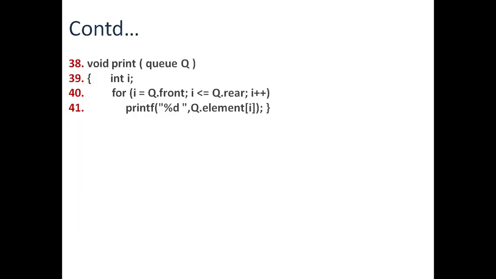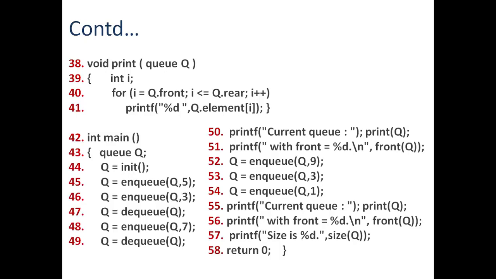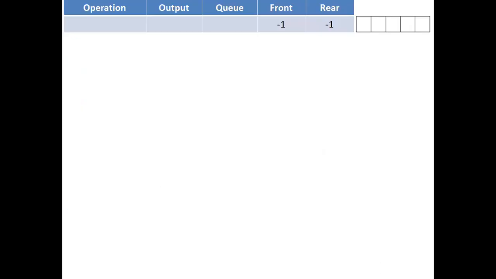Then we have one more operation to print the contents of the queue from index position front to index position rear. Then we have a main function that will call these functions. Basically, we need to simply use the defined functions now without knowing any of the implementation details. Let's try to execute a few operations now.